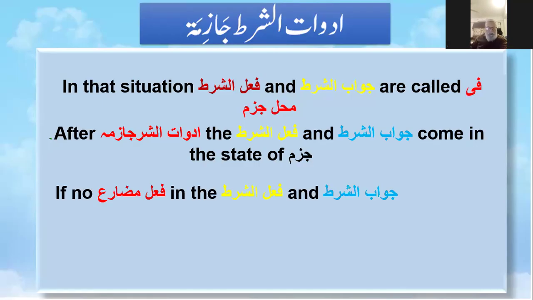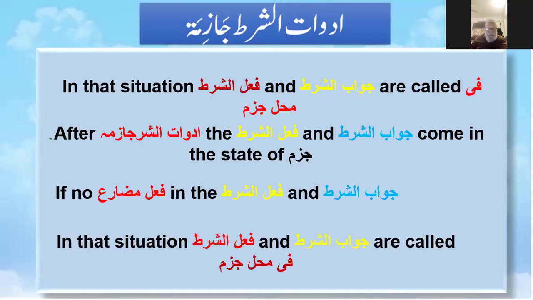If there is no fail mudare in the fail shart and jawab shart, in that situation fail shart and jawab shart are called fi mahalle jazm. If the verb is fail mudare, it will change. But if there is no mudare, and there are other verbs just like madi, then we will call this condition verb and the answer of condition verb as coming in place of jazm, because madi is mabni.